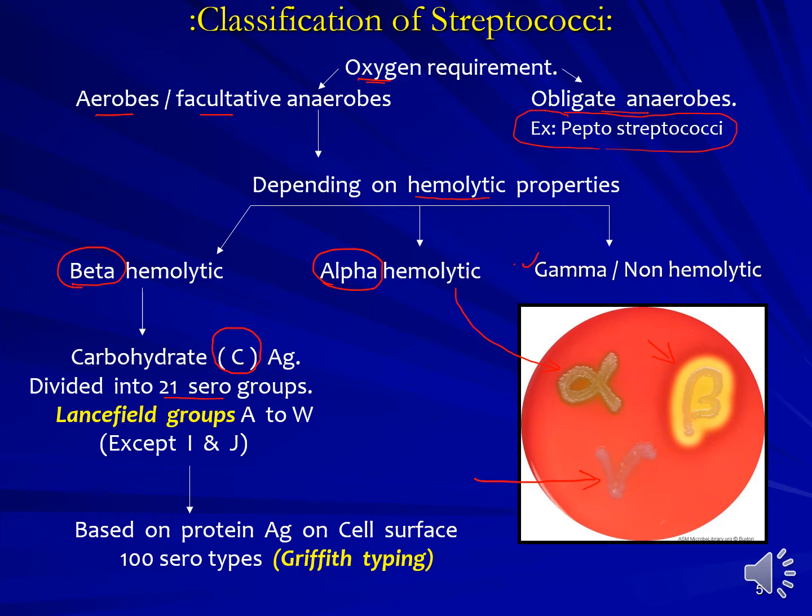These are designated as Lancefield serogroups, from A to V except I and J. So A, B, C, D and so on are there, but I and J are not seen. Again, these groups, based on the protein antigen present on the cell wall, can be divided into about 100 serotypes, and this serotyping is known as Griffith typing.